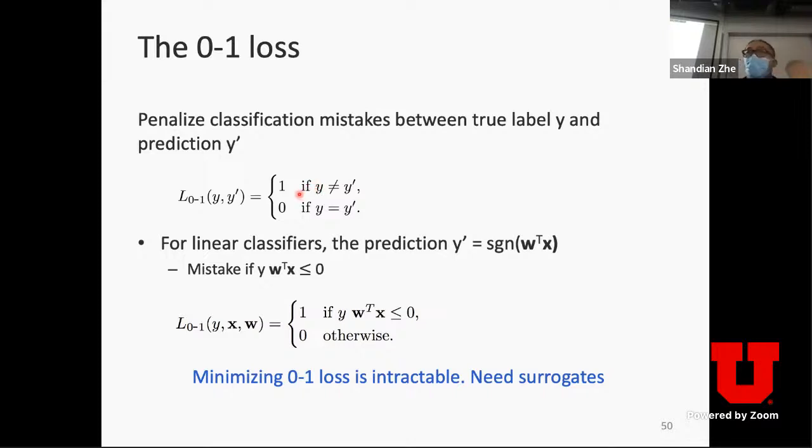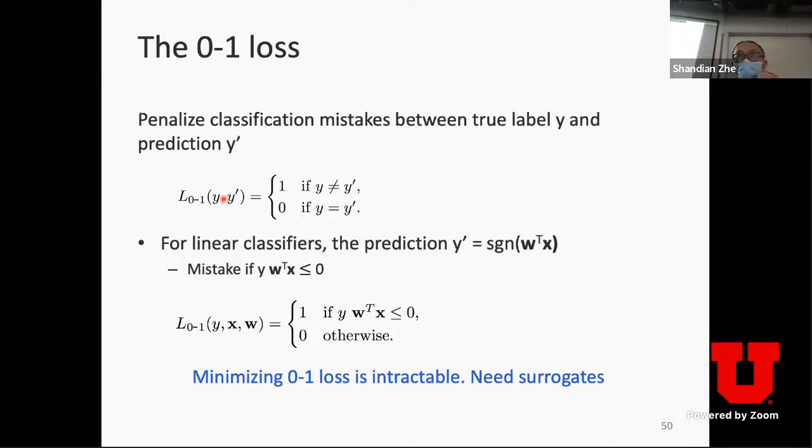Say the loss is simply 1, if you don't have any preferences over the importance of training examples. As long as I make a wrong prediction for any example, I'm going to have a loss of 1. So this is called the 0-1 loss. The 0-1 loss is the ideal loss in a theoretical sense, but we'll never be able to use that in practice.